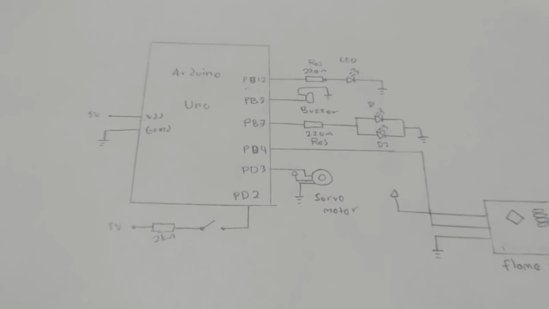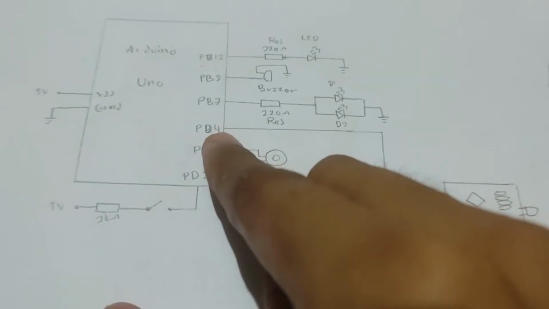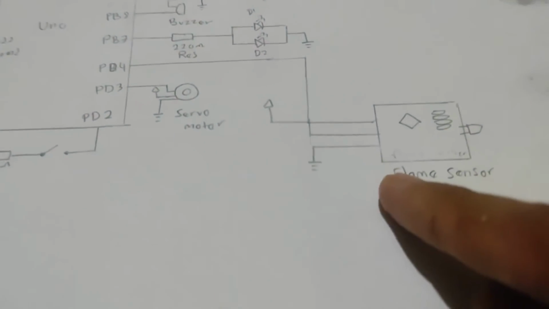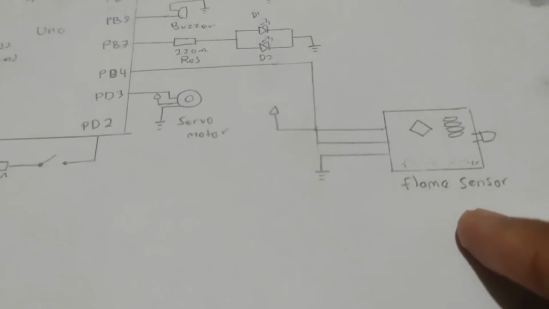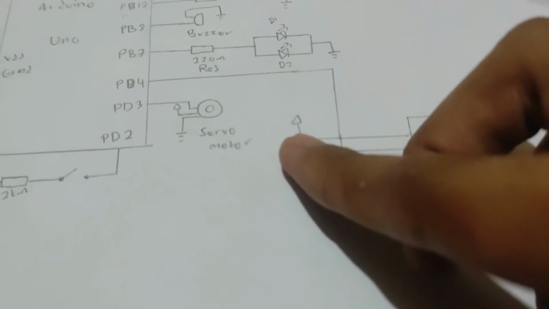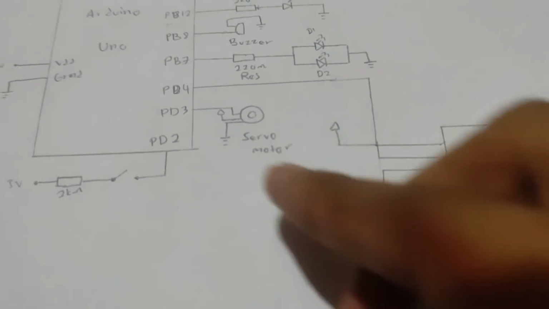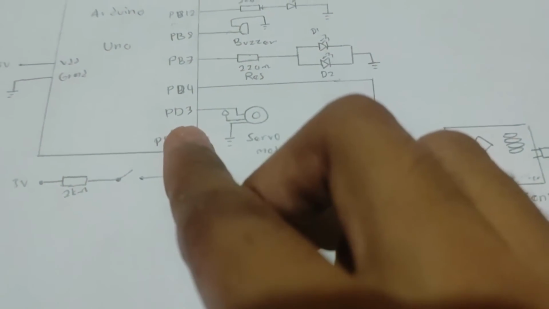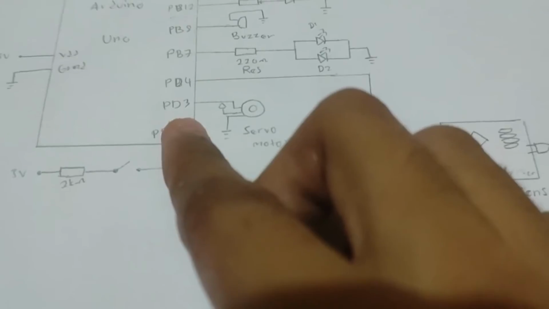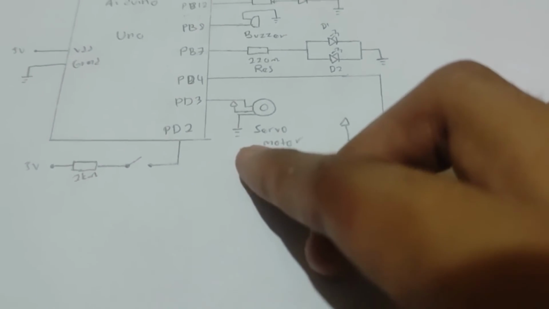Digital pin number 4 is connected to the flame sensor, which is also connected to power and to ground. Digital pin number 3 is connected to a servo motor.